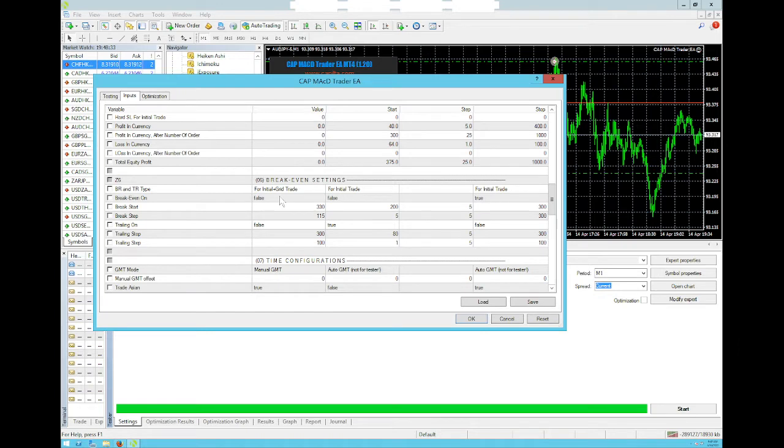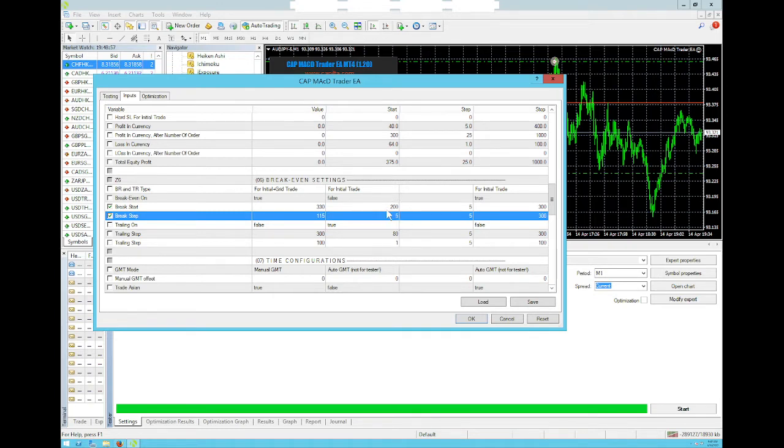What this break even does, and hopefully all of y'all know this already, it sets up the stop loss as soon as it hits profit. If it passes it by 200 points, and I want to verify this, it's points, not pips. This works on points, guys.